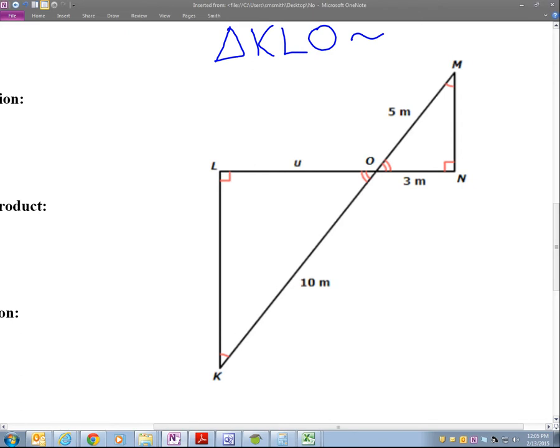So I want to have the corresponding angles be in the same order when I'm showing their similarities. Since I started with K, and that has one arc, what should I use for my first letter in my other triangle? Tyler? M. Yep, M, because this is also one arc, because those are the corresponding angles. Those angles are going to be the same. So triangle K, then L is the right angle, so I'm going to use M. Then we have the point O.